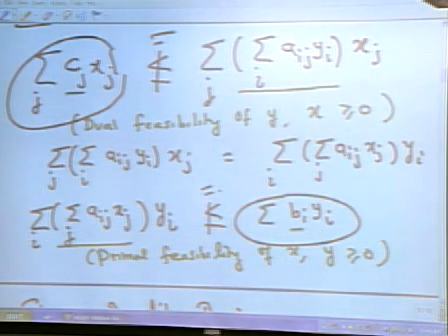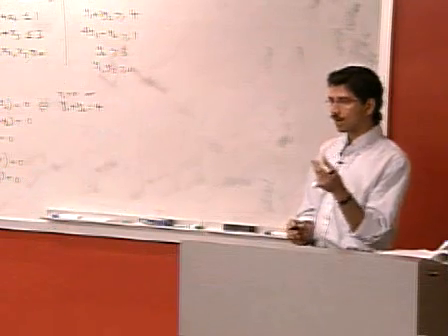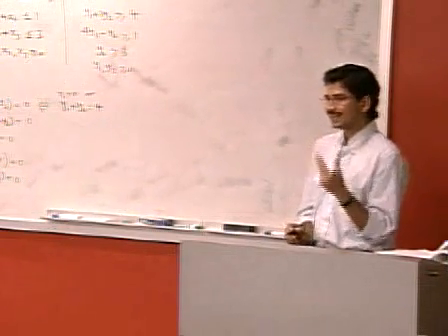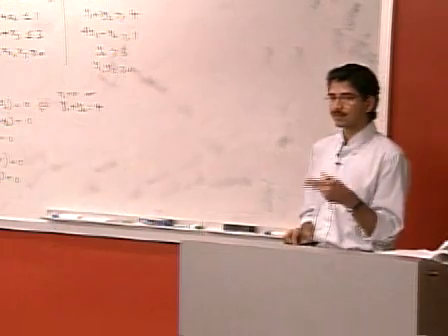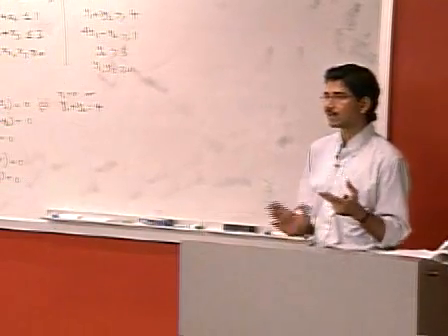Okay. And for these two terms to be equal, whenever xj is strictly positive, then cj has to equal that quantity. Because if it is strictly less, then you have one term strictly less, and every other term at least as much. So you cannot have equality.